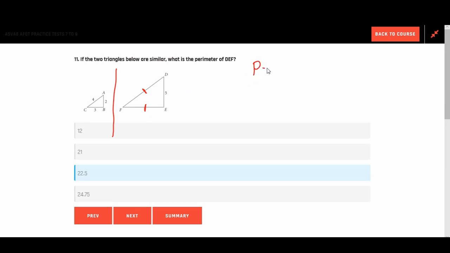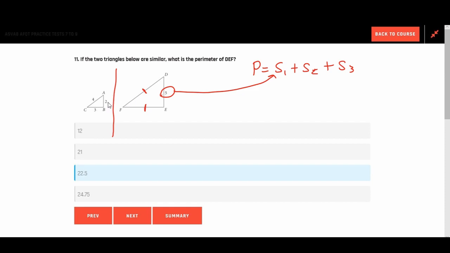Then I'm just going to go side 1, side 2, side 3, and add those up. And we already know one of them. Let's let this be side 1. We already know that's 5, so we can plug that in. But we have to use the fact that these are similar triangles to find these other two lengths.